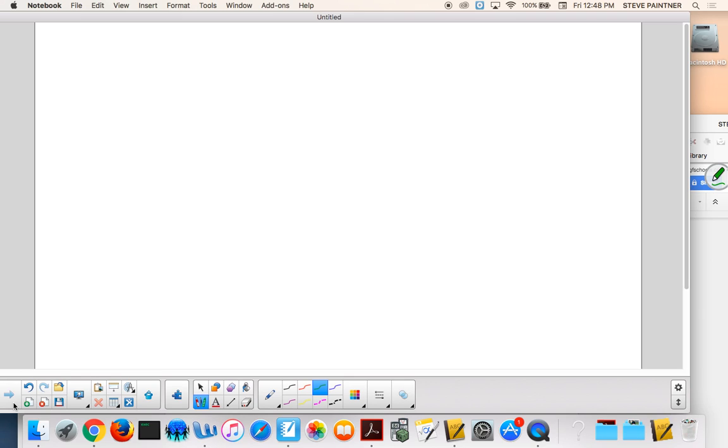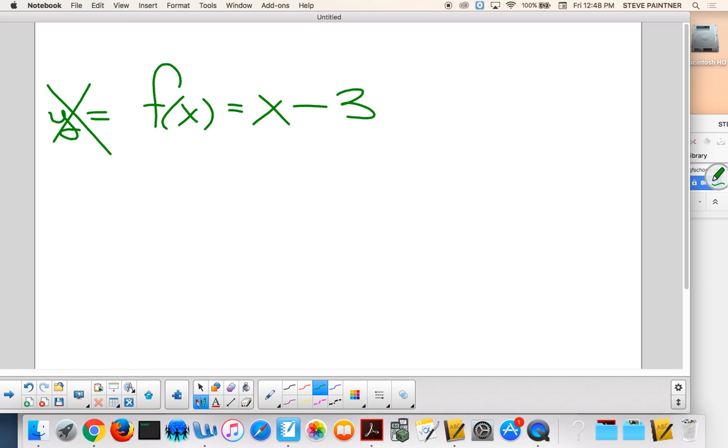All right, when evaluating a function for specific values, we substitute that value in for x, or whatever variable we're using, and simplify the expression. So here comes your first function, f of x equals x minus 3. Now remember, f of x was really just what letter? Y. So we just don't write it, even though it is written there for you. Now, ready?